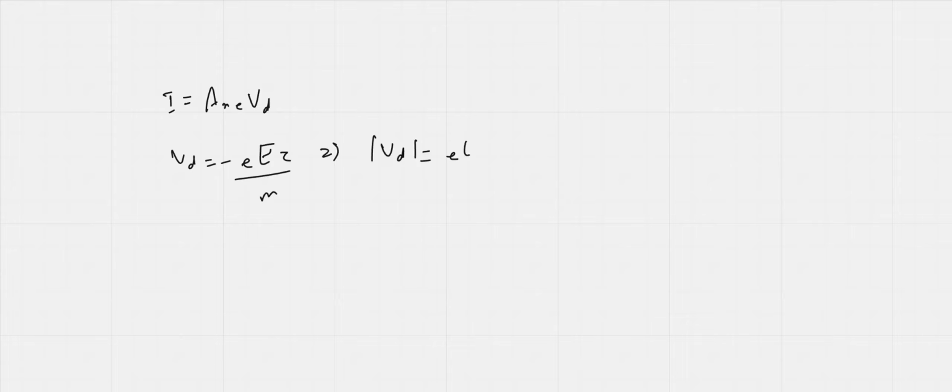In the last class, I gave you some relations like I equals nAeVd, and Vd equals eτ by m in the negative direction. So you can simply say that the magnitude will be eτ by m, where τ is nothing but the time delay between two successive collisions.